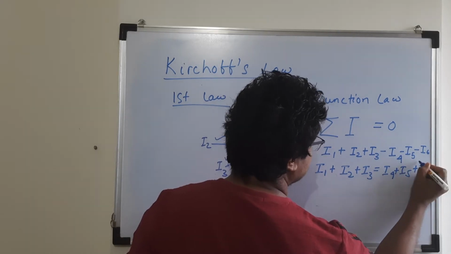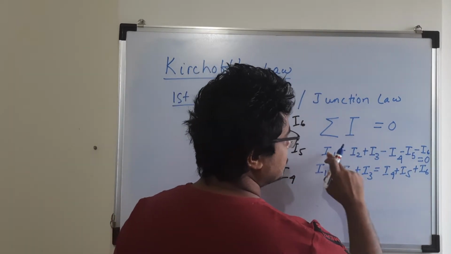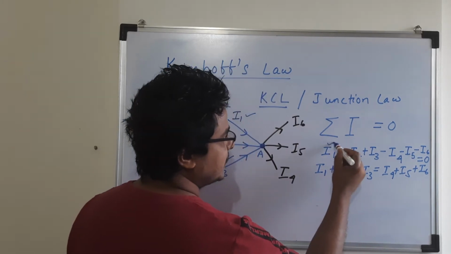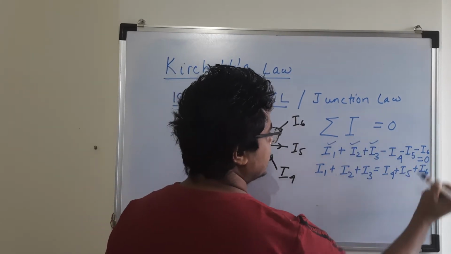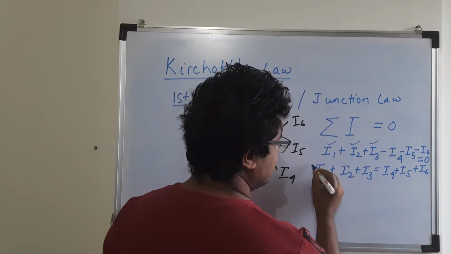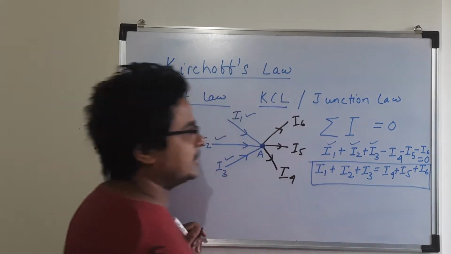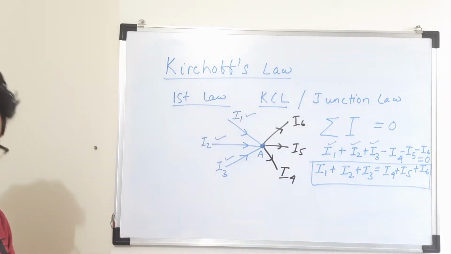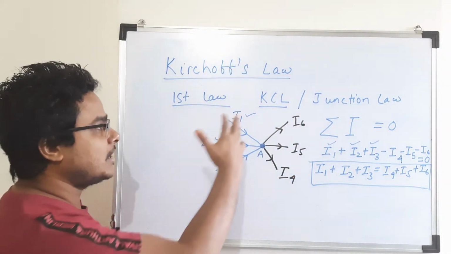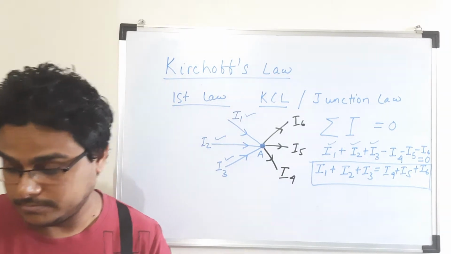This whole thing is equal to 0, sum over I is 0, where I considered the incoming current positive and the outgoing current negative. So incoming current must be equal to outgoing current. This is Kirchhoff's current law, and we will see later how KCL can be used to solve problems.